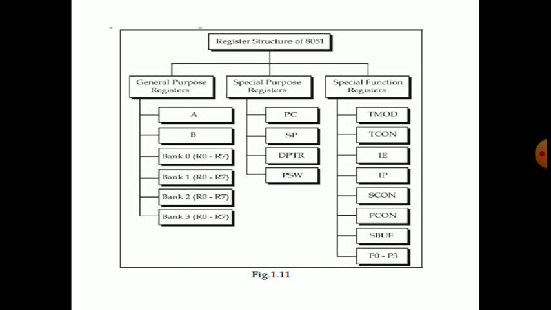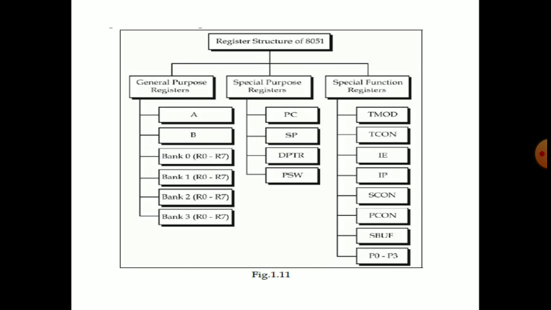Stack pointer: we have a stack here. It will point to the top of the stack. Upon adding data onto the top of the stack, it will increase, and upon taking data out, we call it pushing and popping. If you push data onto the stack, the stack pointer will increase.